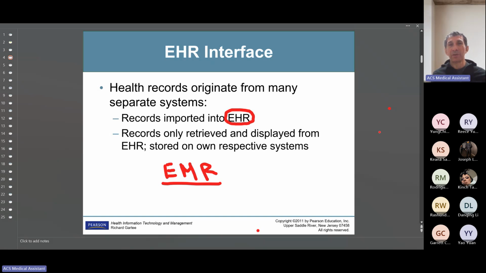So I was talking about the difference between EHR and EMR. Remember, these are very, very important definitions. EMR was the first version of the digital medical records. After paper, we moved to the EMR.